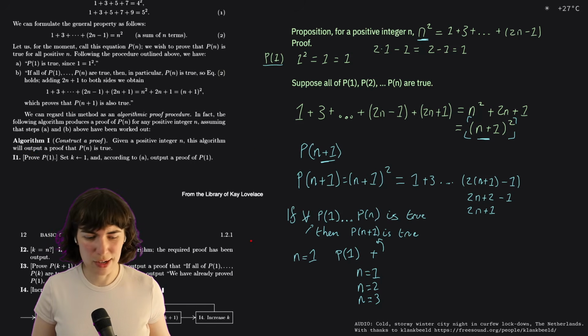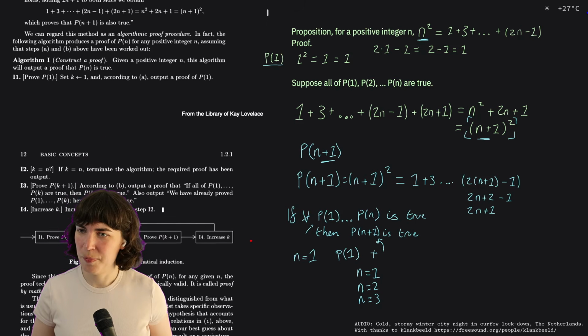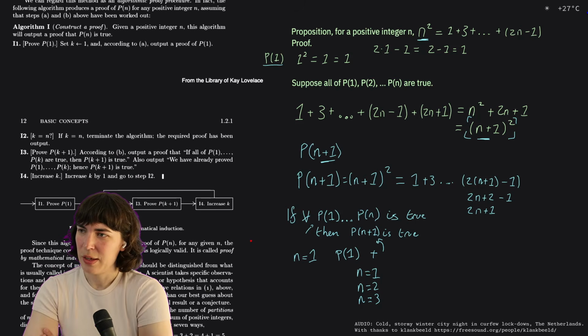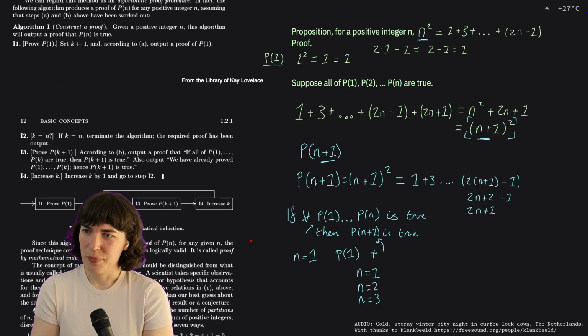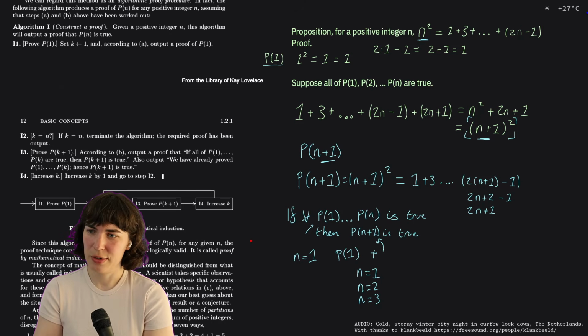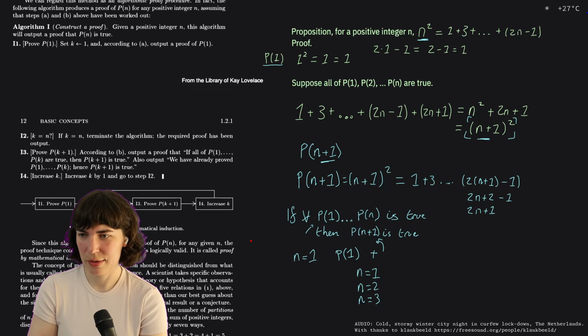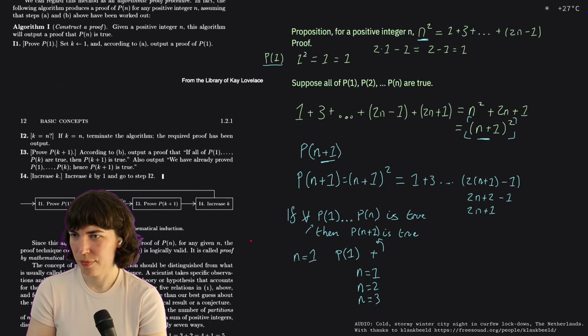Okay, so we've got like an algorithm he's constructing here. Prove P1. Set k to 1, and according to A, output a proof of P1. K equals n? If k equals n, terminate the algorithm. The required proof has been output. Prove Pk plus 1. According to B, I don't know where B is.